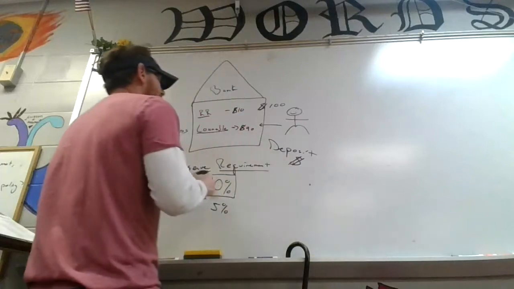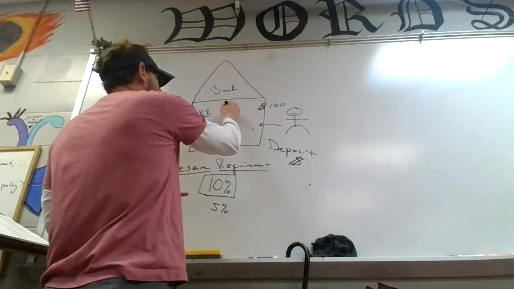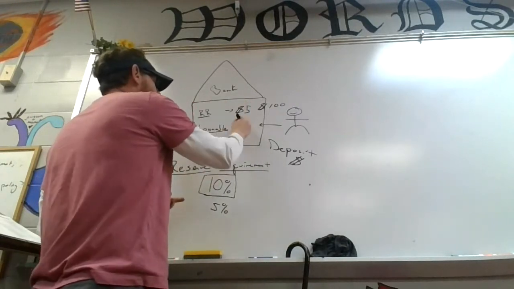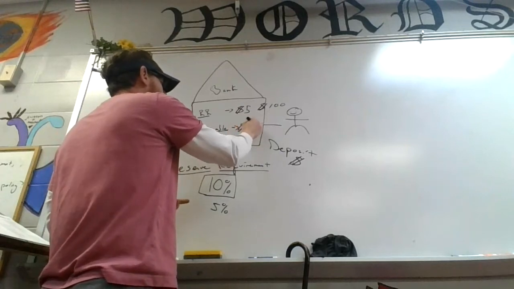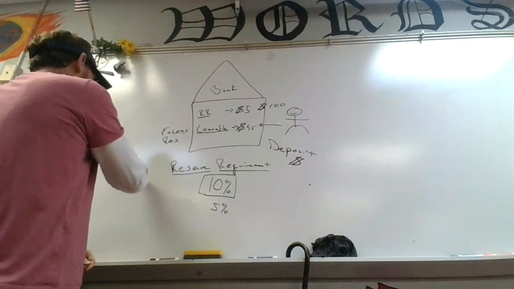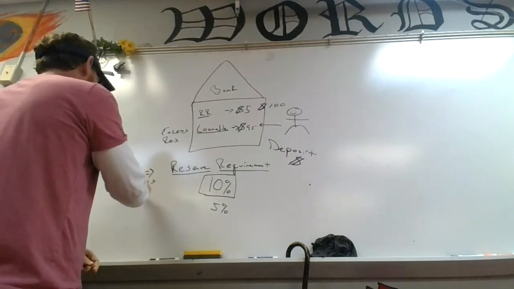Well, if this guy comes in and puts $100 in, now the bank will only have to hang on to $5 and they can loan out $95. So you can see by lowering the reserve requirement, it speeds up loans.